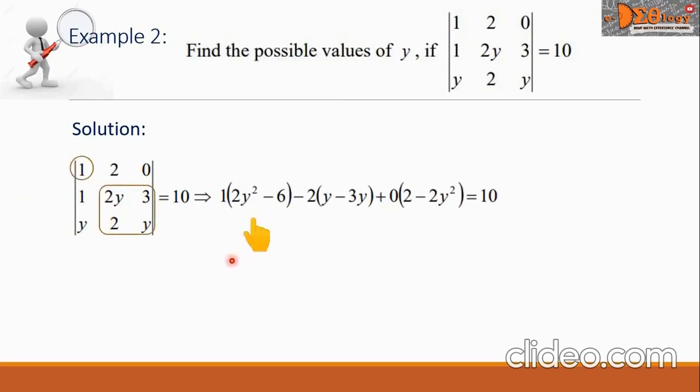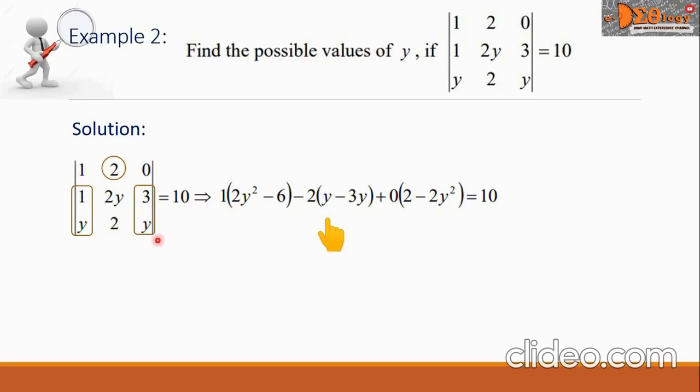The first group will be the element 1 multiplied by the determinant of this square matrix 2 by 2. 2y times y is 2y squared minus 2 times 3 is 6 minus the second group. Now we copy the element 2 and then we take the determinant of this 2 by 2 matrix.